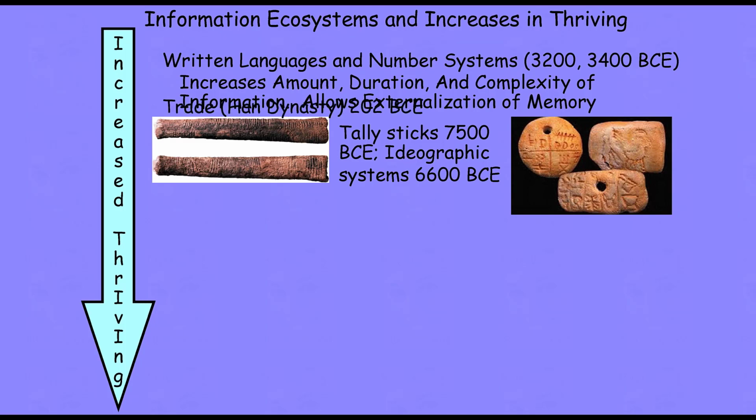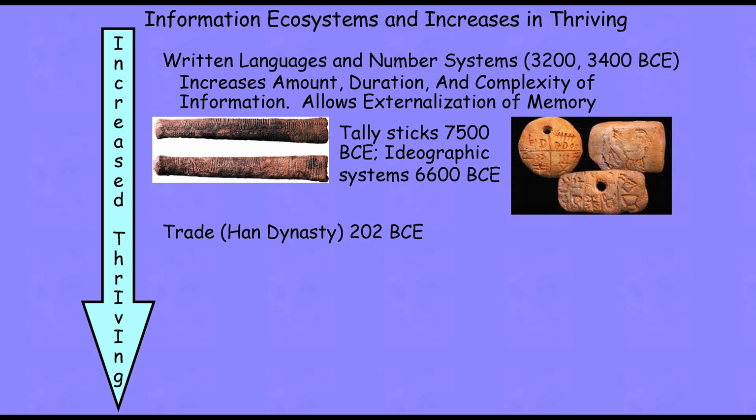And we don't see the evolution of what we think of as contemporary languages and number systems until around 3200 to 3400 BCE, when we start to see the evolution of at least syllabary languages and number systems that have recursive capacities.